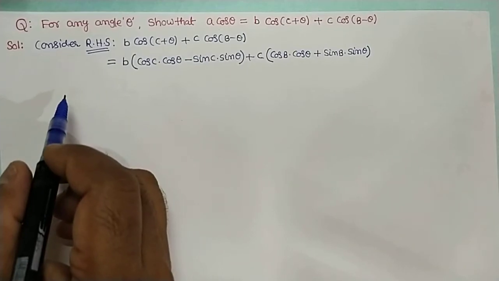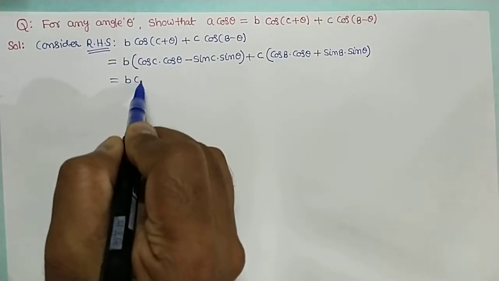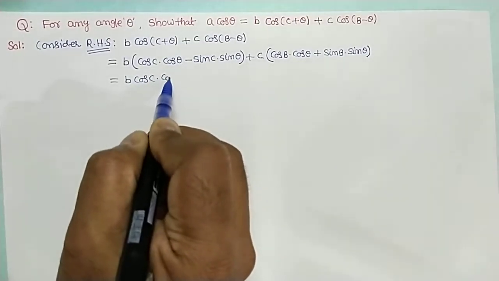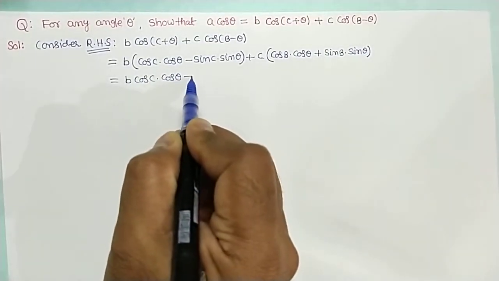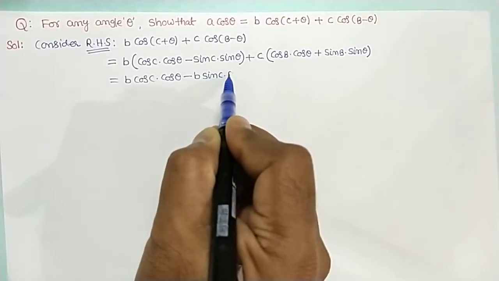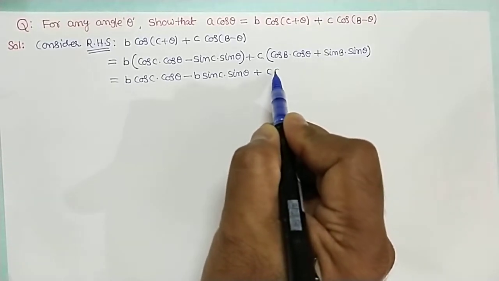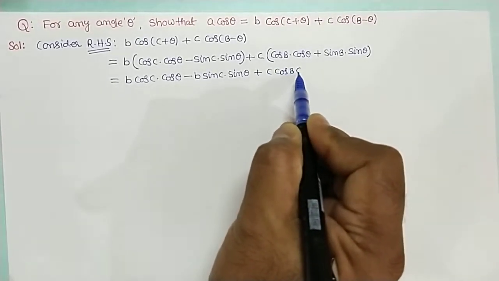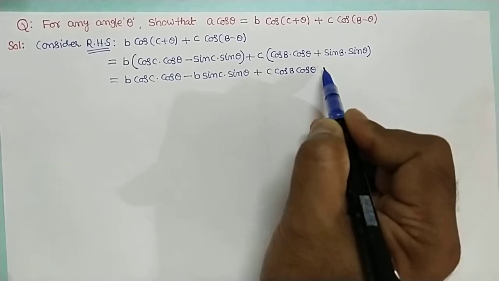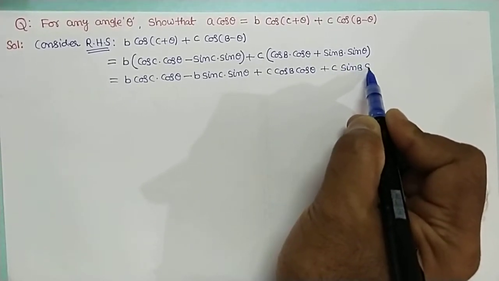Now do the actual multiplication: b cos C cos theta minus b sin C sin theta plus c cos B cos theta plus c sin B sin theta.